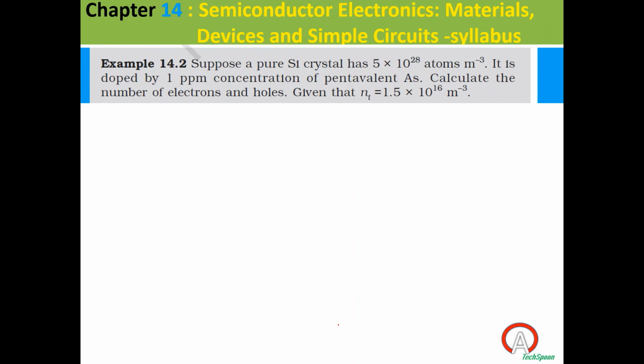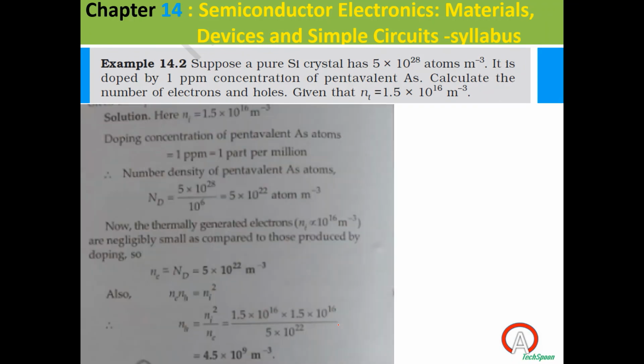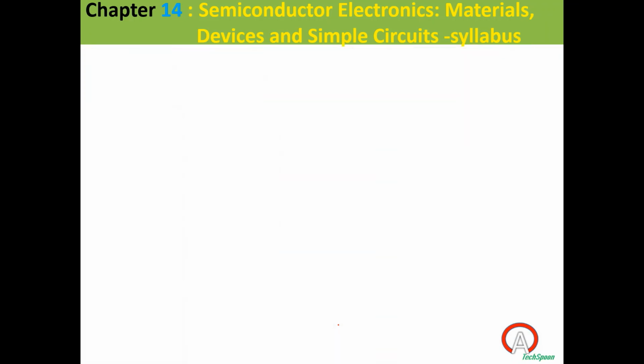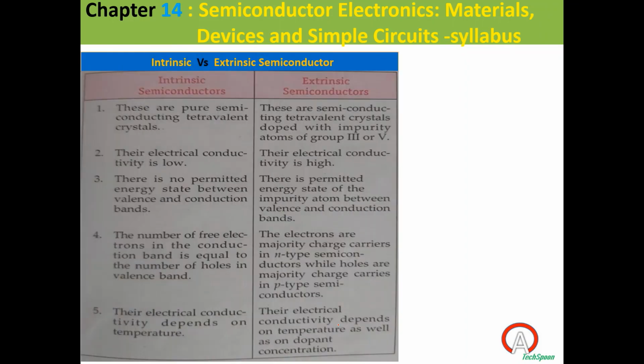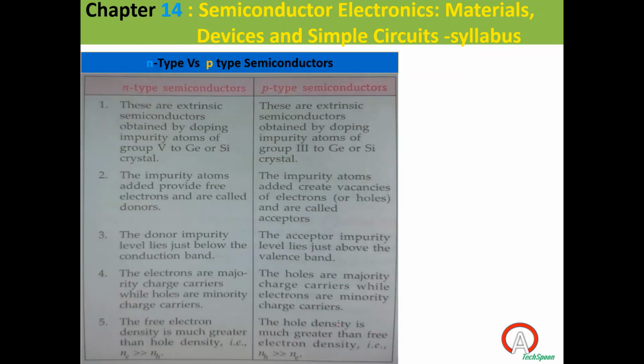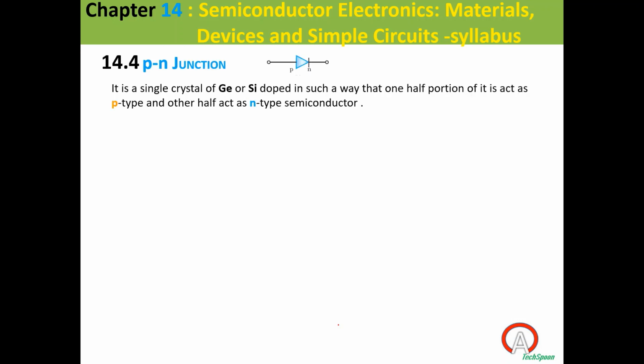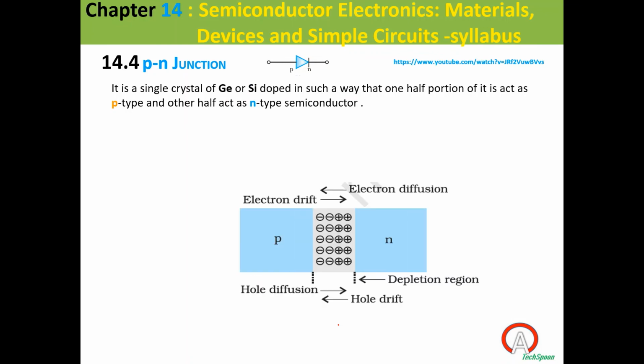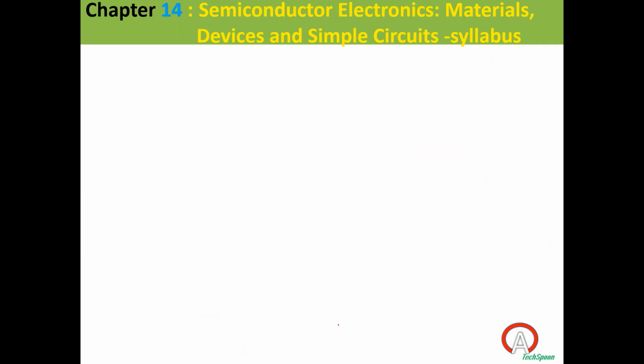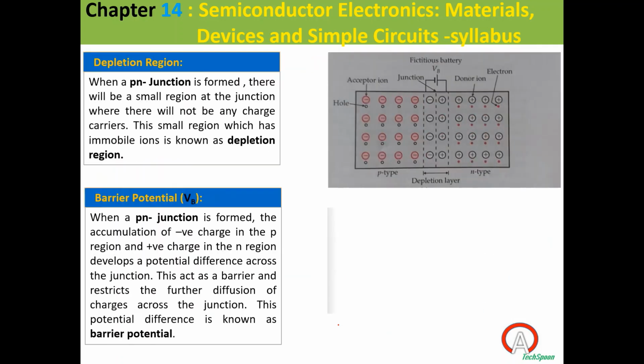Okay, so we'll stop today. Tomorrow we will do this problem, and we will have some comparison between intrinsic and extrinsic, n-type and p-type. Then we will discuss what a p-n junction diode is. Very, very important topic. How we can create a p-n junction diode.